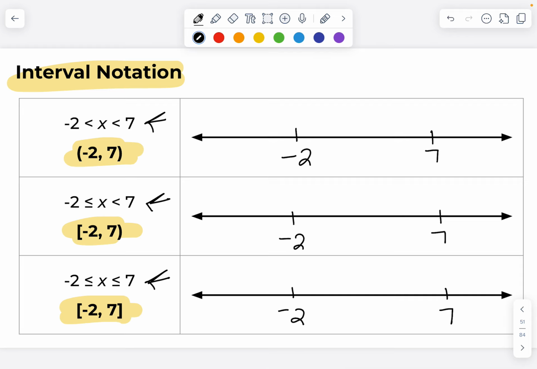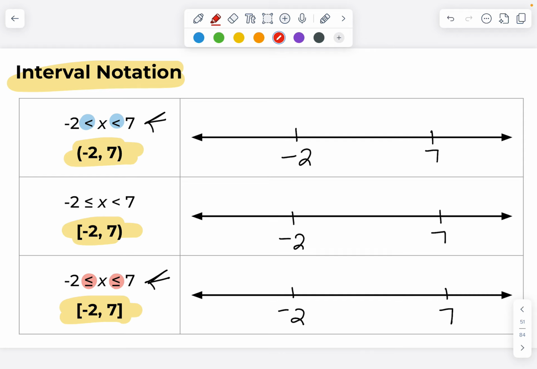I want to compare the first and the last one really quick. Notice the difference between inequality symbols where we just have a less than, versus inequality symbols where we have the less than or equal to.